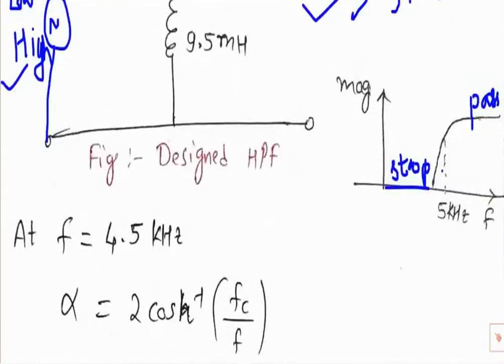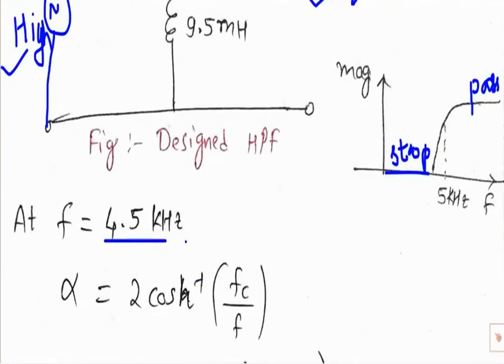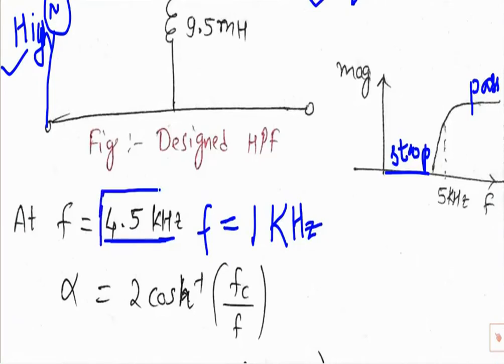As our cutoff frequency is 5 kilohertz and we are considering 4.5 kilohertz, compare with 1 kilohertz, at which frequency will we have more attenuation? The frequencies near the cutoff frequency will have less attenuation, and frequencies far away from the cutoff frequency will have high attenuation. As we move away from the cutoff frequency, we practically get high attenuation.